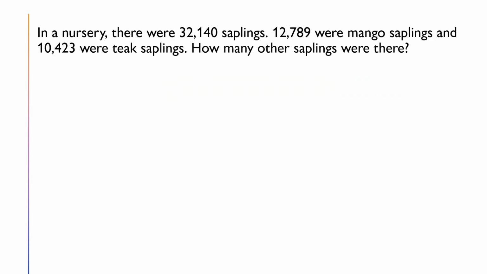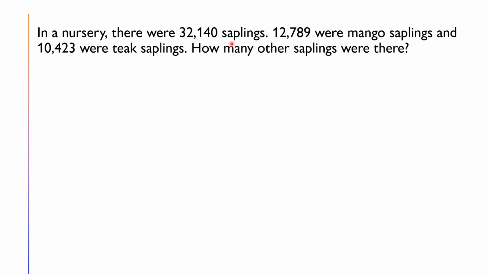We will solve. In a nursery, there were 32,140 saplings. 12,789 were mango saplings and 10,423 were teak saplings. How many other saplings were there? So students, here in a nursery the total saplings are 32,140.